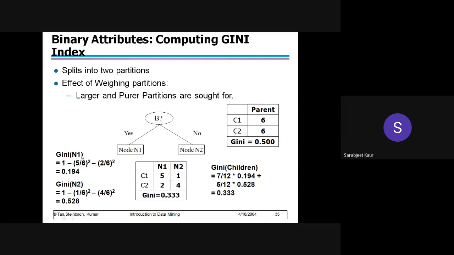The Gini for N1 comes out to be 1 minus (5 by 7) whole square minus (2 by 7) whole square. There are a total of 7 tuples here and 5 here.